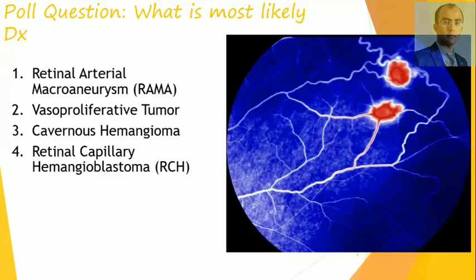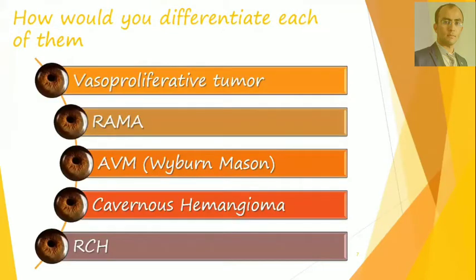It could be a vasoproliferative tumor, a retinal arterial macroaneurysm, an arteriovenous malformation, a cavernous hemangioma, or a retinal capillary hemangioma.